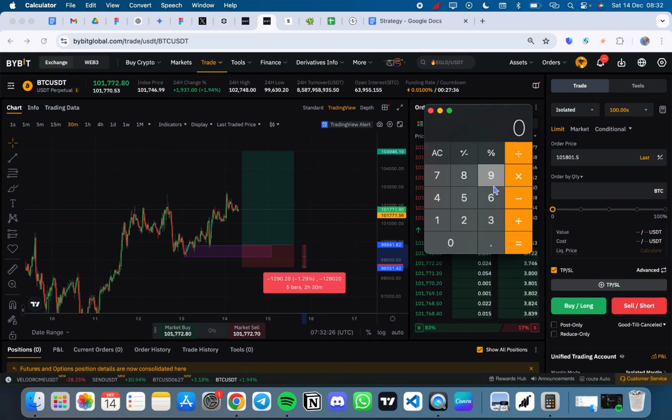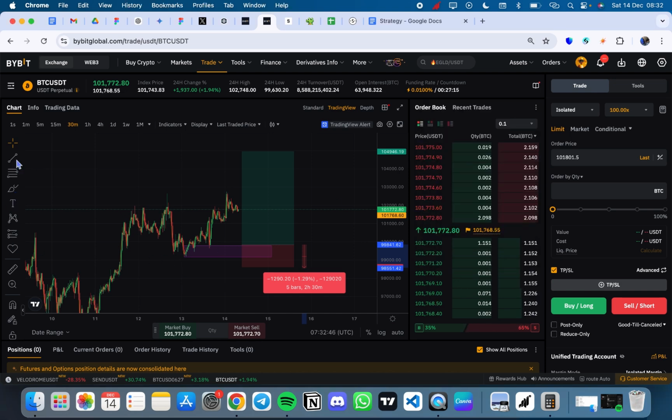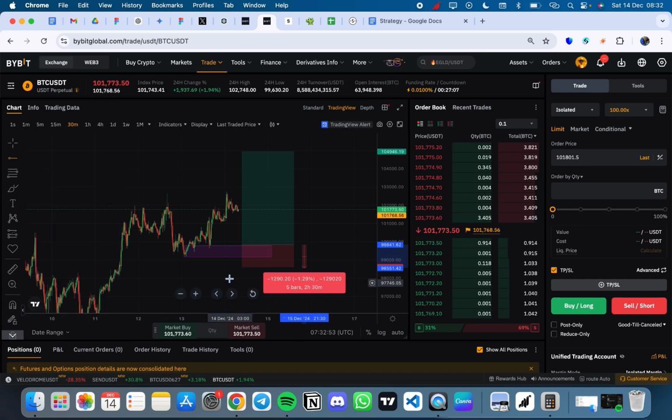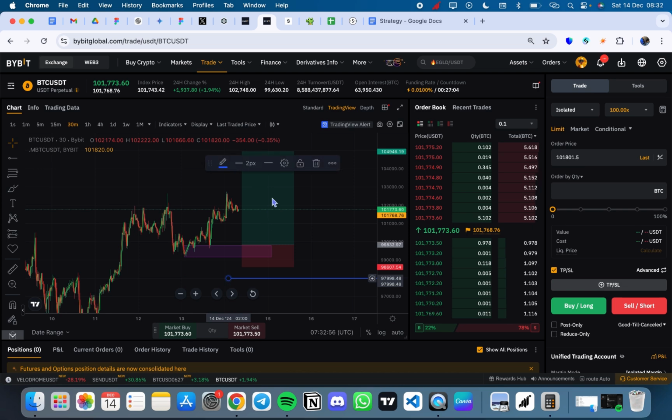So we have 99,841 minus 998. So our liquidation price is at what? 98,841. Let's put a line on that level and see where it falls. So I will place this, and then let me see where this line falls.